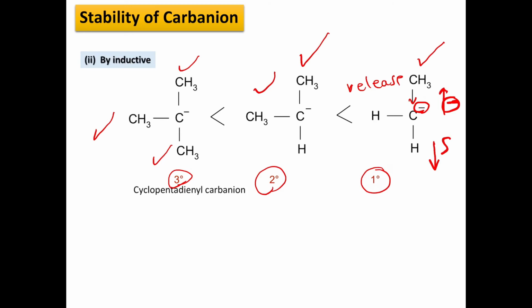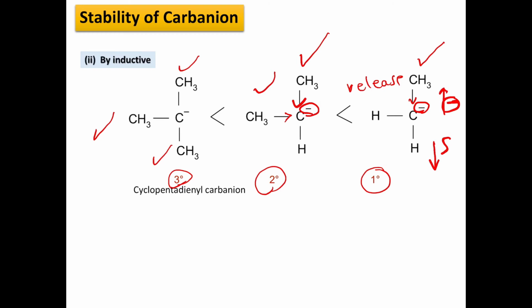So by that scenario, one CH3 group is more stable than two CH3 groups, from two sources, negativity will be sent to the negative charge.